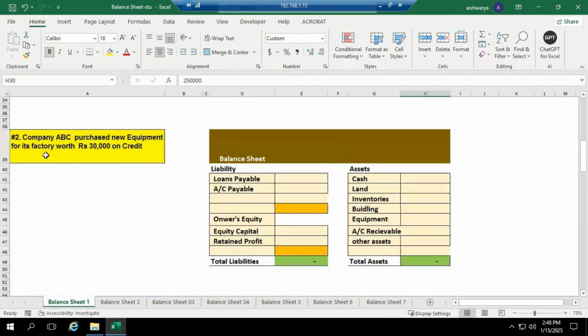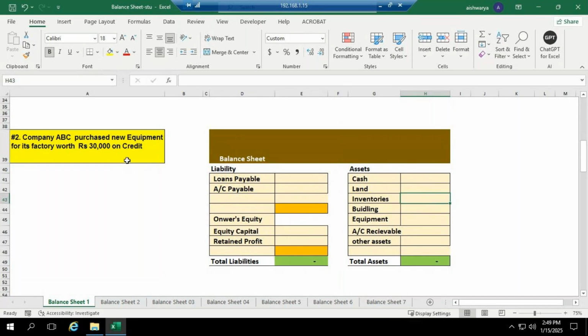Then the second case is about company ABC purchased new equipment. This is according to the ABC books of accounts. Company ABC books of accounts we are recording here. So purchase new equipment, in this inventory we have to add plus 30,000.